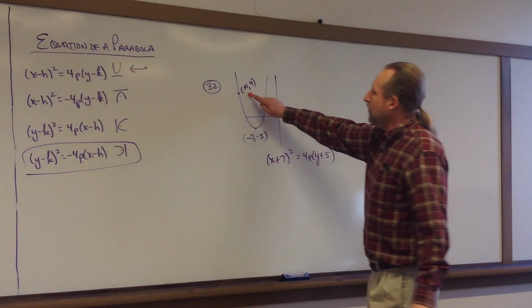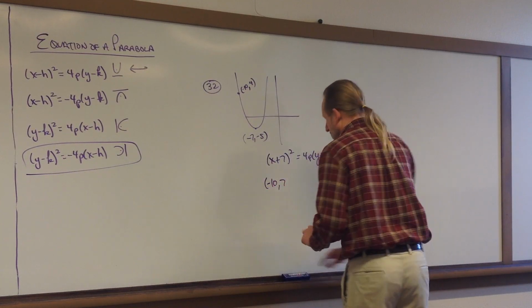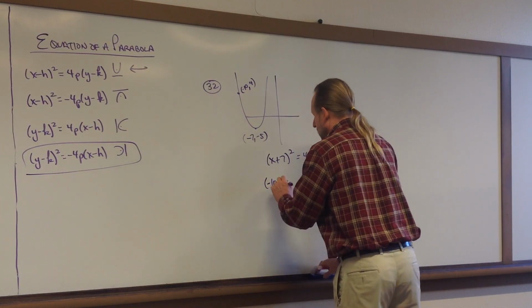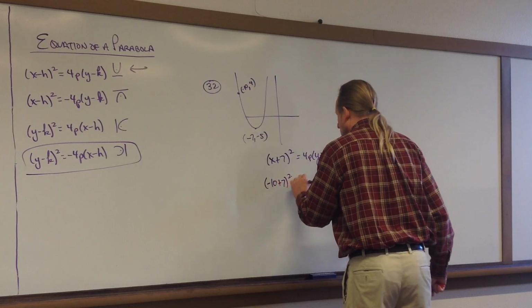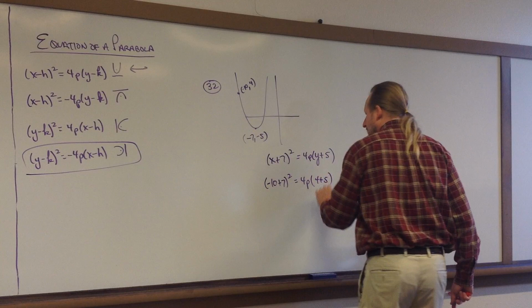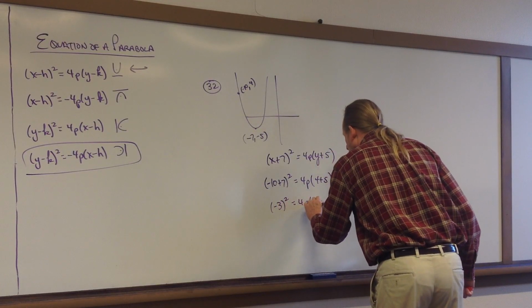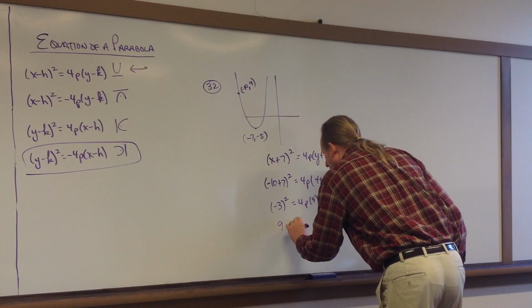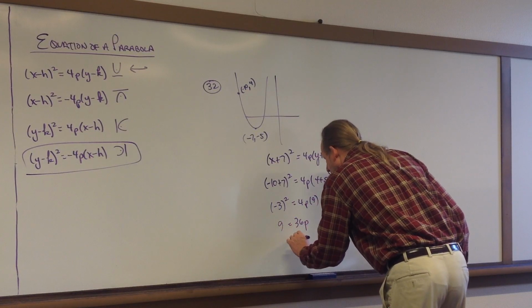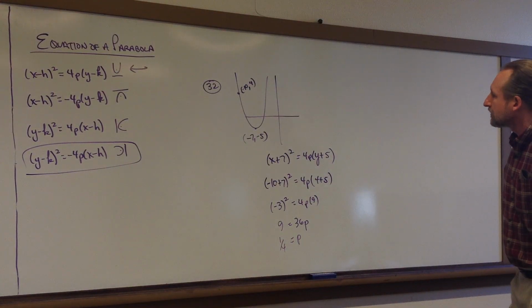Now, take the second point, (-10, 4). Plug it in. (-10 plus 7) squared equals 4p times (4 plus 5). So (-3) squared equals 4p times 9. 9 equals 36p. p is 1/4, 0.25.